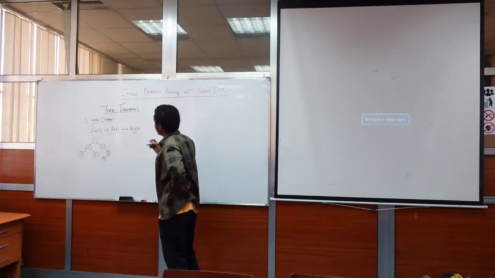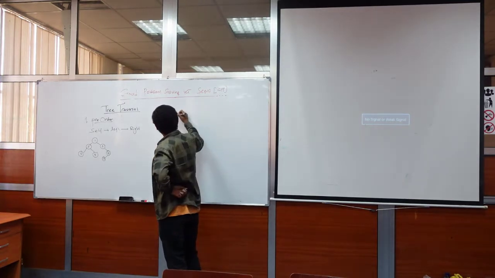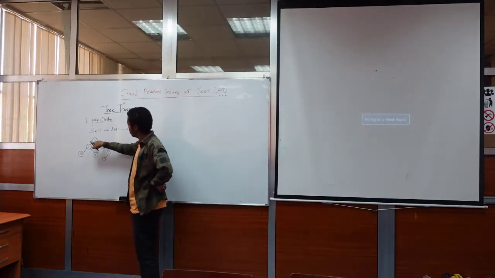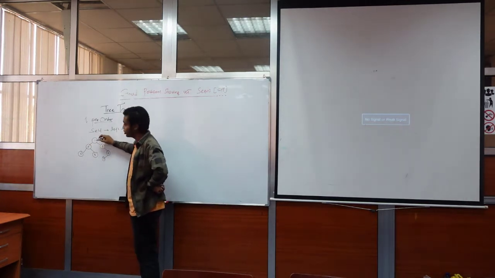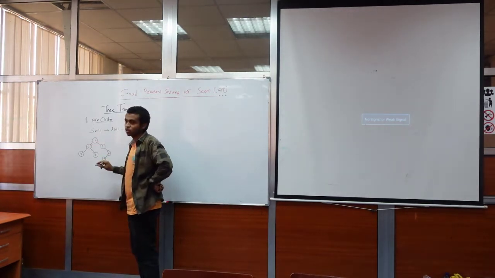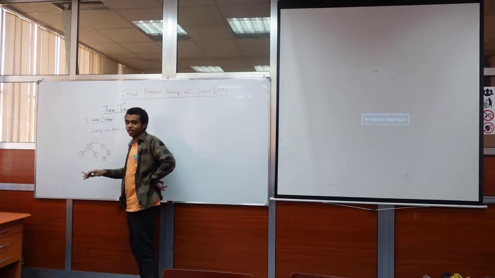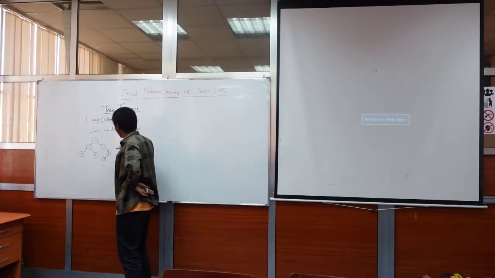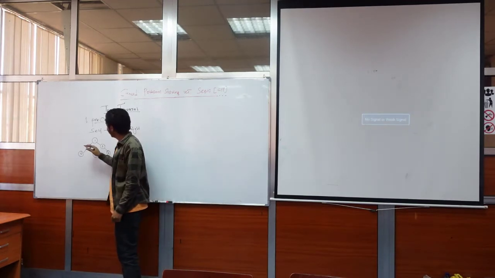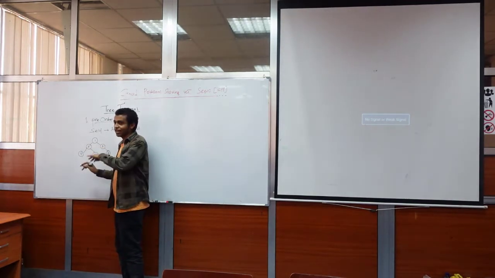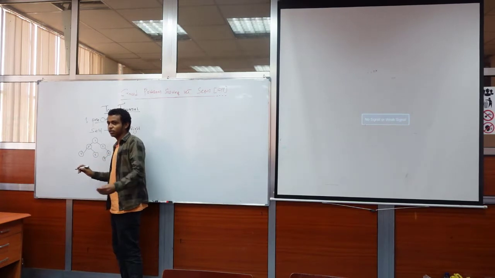Let's see this example. The root is 1, so we do processing with 1. In our case, let's just say it's printing something. So we process 1, and then the left subtree gets the same recursive definition.